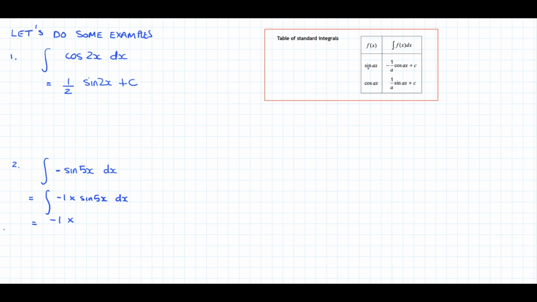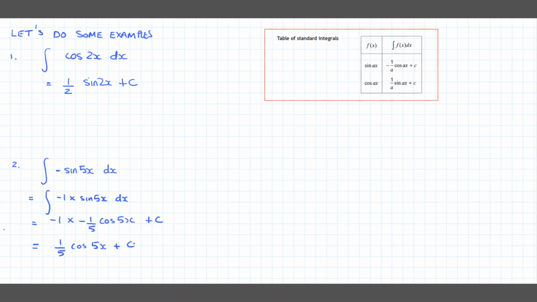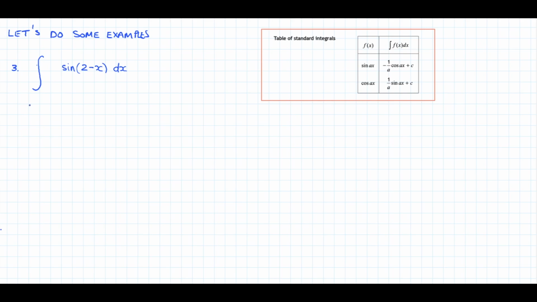So ours is sine 5x, so it's going to be negative 1 upon 5 cos 5x plus c. So that would be negative 1 times negative a fifth, 1/5, cos 5x plus c. Okay, let's do a third example.